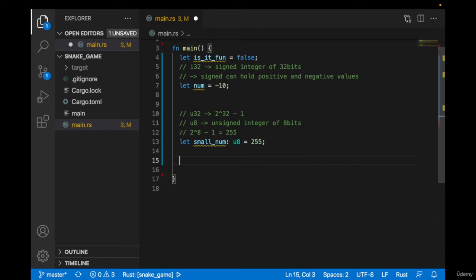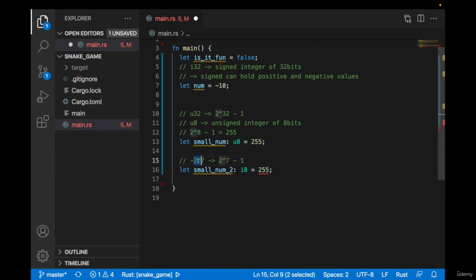Let's continue with more types. Let's explain the i type, so signed. Let's write here a small i. Signed types can hold smaller values, but they can hold both negative and positive values, so that's a benefit. Here I can hold the values from minus 2 to the power of 7 until 2 to the power of 7 minus 1.